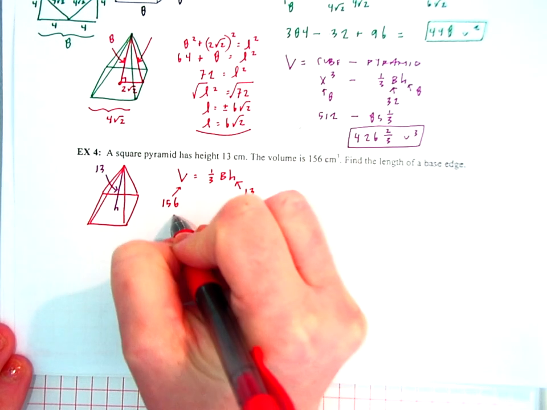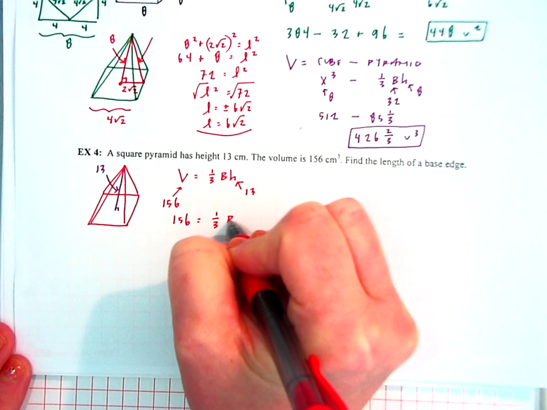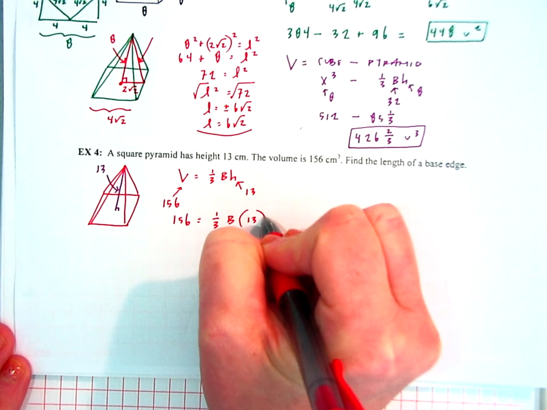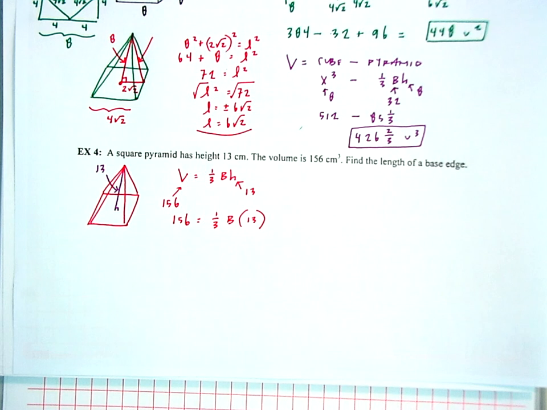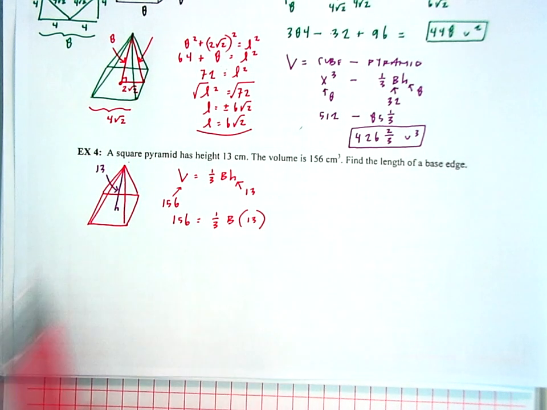So right now I have 156 equals 1/3 the base area times 13. I'm going to solve for the base area. I think that's going to lead me to my length of a base edge, especially since it's a square pyramid. That base shape is a square.